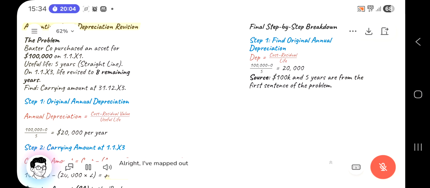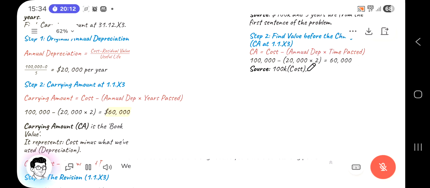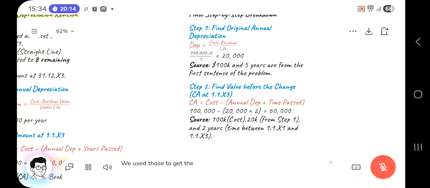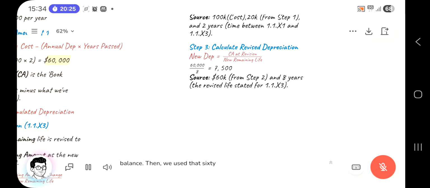All right, I've mapped out every single number and where it came from. The 100,000 and original 5 years were our starting point. We used those to get the 20,000 per year. Since 2 years passed, we knocked off 40,000 to get our 60,000 balance.